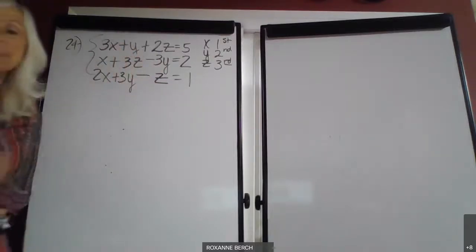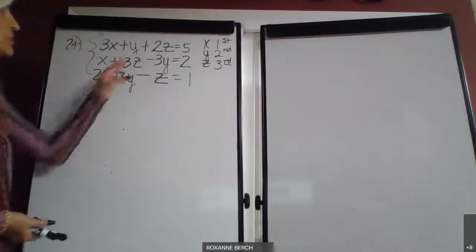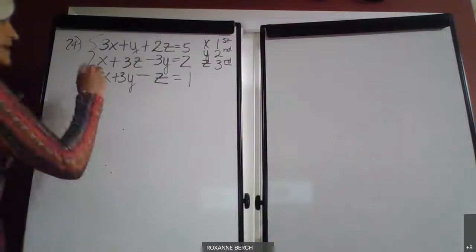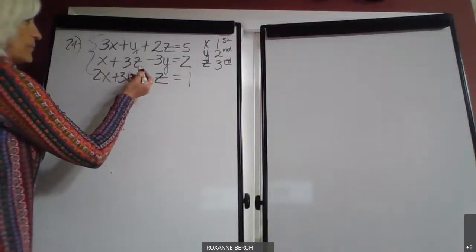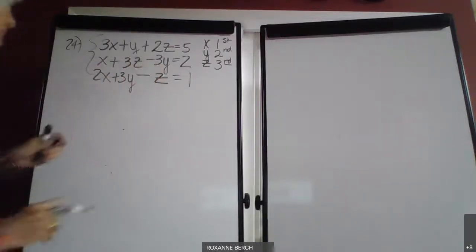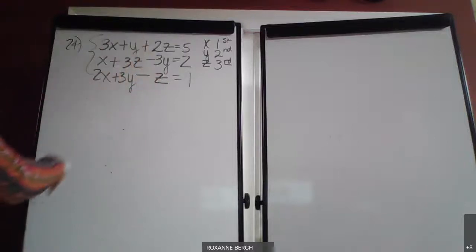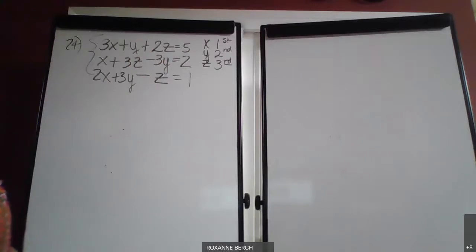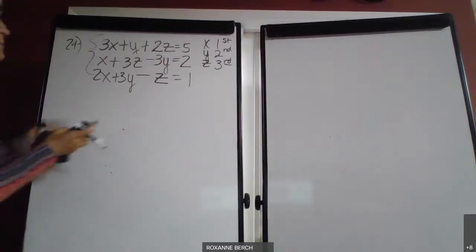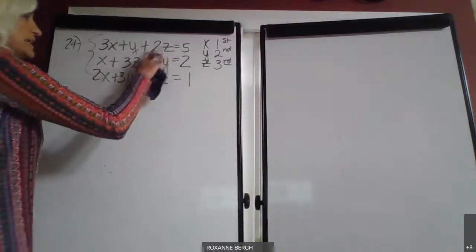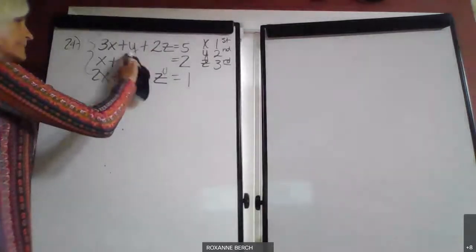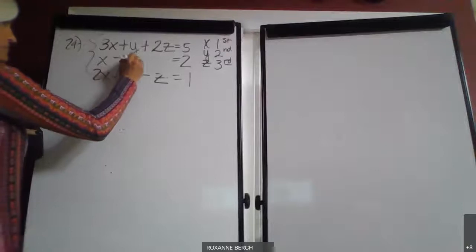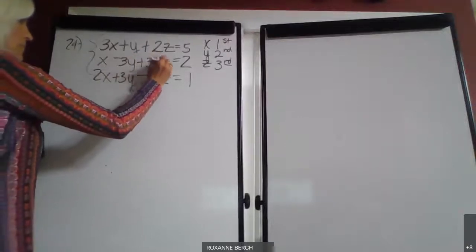Remember, the order doesn't matter. So I can make this negative 3y plus 3z, just so the variables are lined up. So it is correct the way we did it. We're just going to switch it so the variables are lined up. Minus 3y plus 3z equals 2.